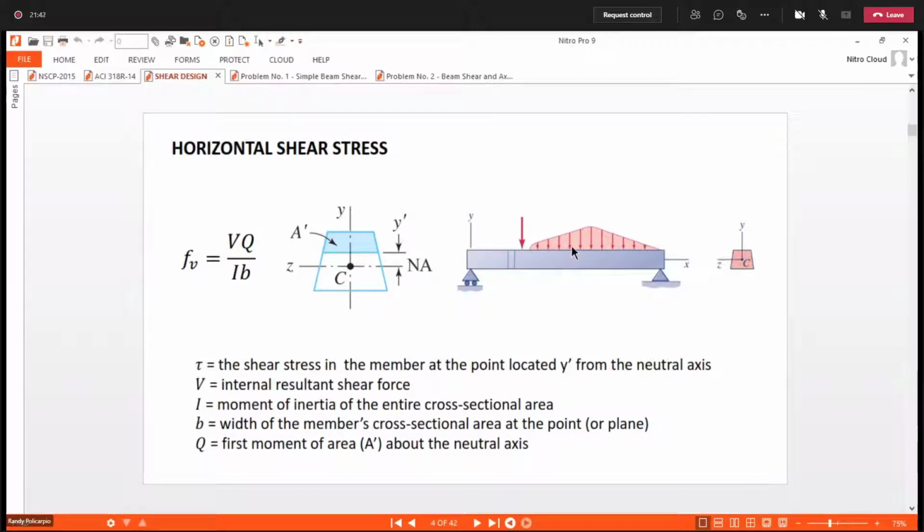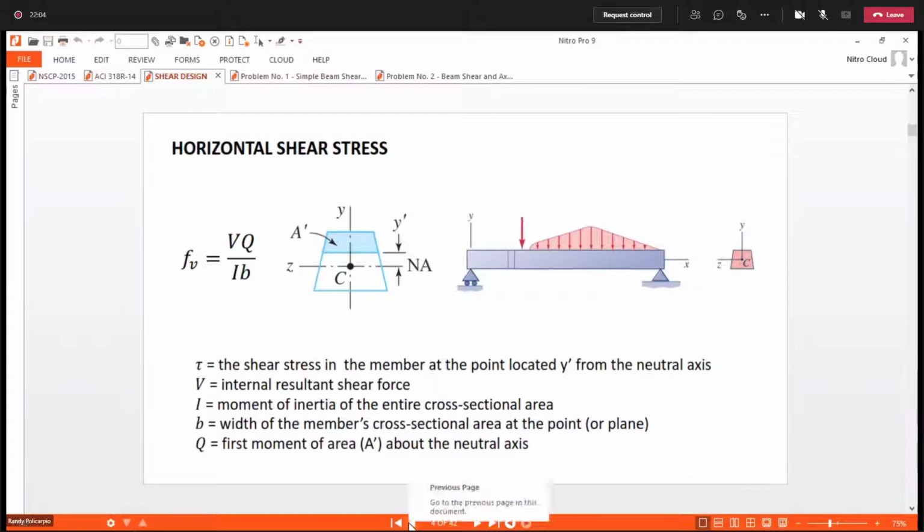What we commonly do is consider the critical part, which is where the maximum shear in your beam is. That is the shear V, the internal force in your beam based on the loading.